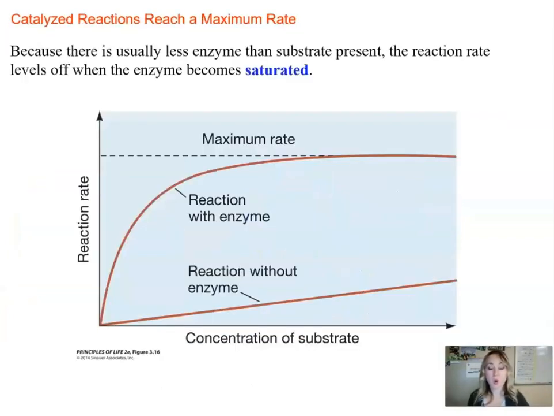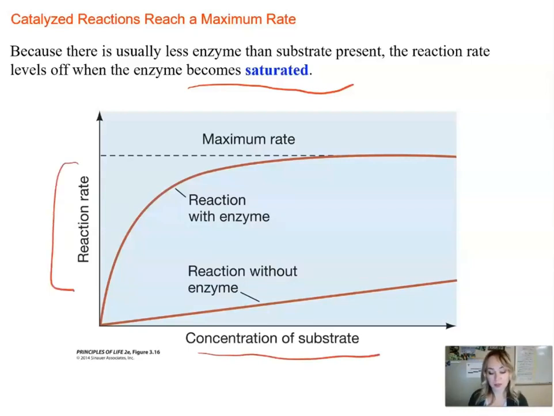Is there a time when enzymes become saturated? Let's take a look at this graph. Notice we have a concentration of substrate that increases, and on the y-axis we have the reaction rate. For the reaction without the enzyme, notice there's a steady increase, but the reaction rate is much, much slower. And then with the enzyme, this is a catalyzed reaction.